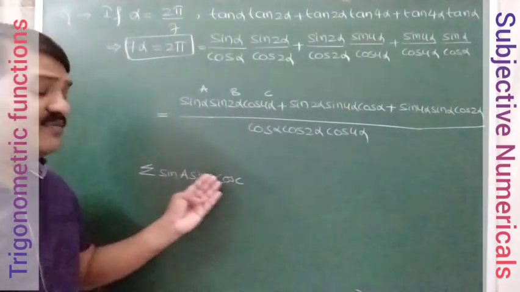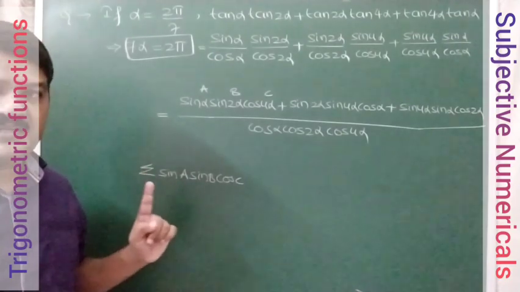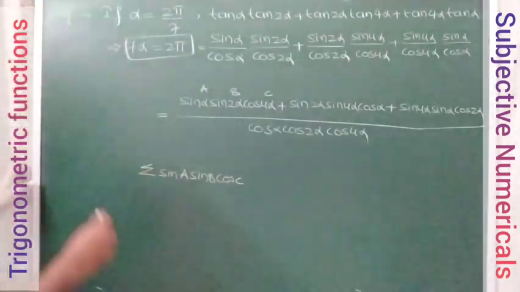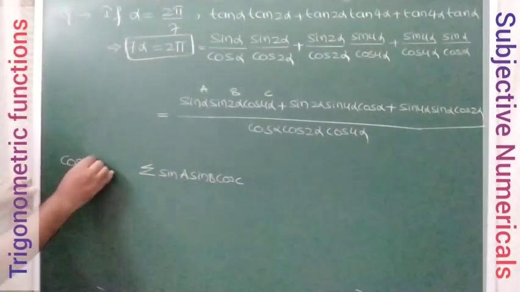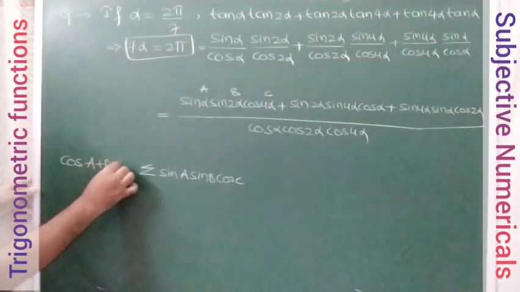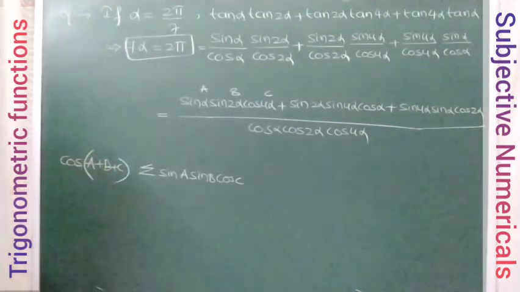And where actually you find this term, that is important. So we find this term in the formula of cos of A plus B plus C. So what is the cos of A plus B plus C formula?